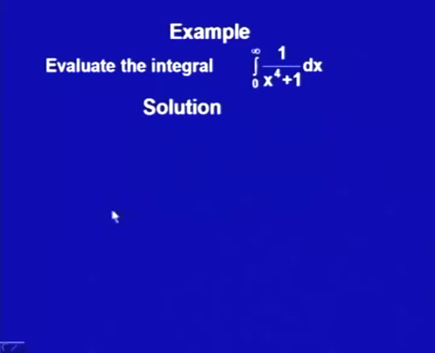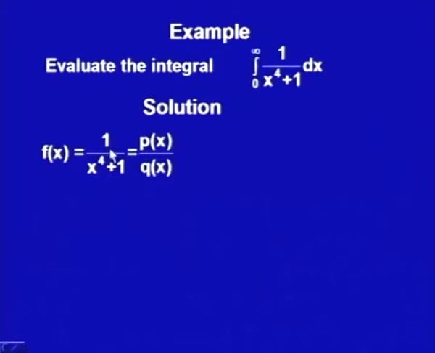Why? You see the function 1 upon x to the power 4 plus 1, we could write it again as p(x) upon q(x), where this numerator is a constant. A constant can also be treated as a polynomial of degree 0, and the denominator is certainly a polynomial, x to the power 4 plus 1. Its degree is 4.